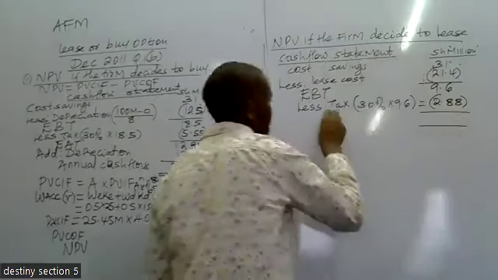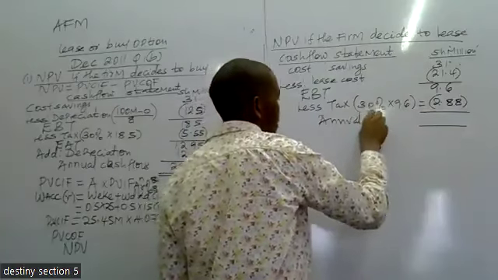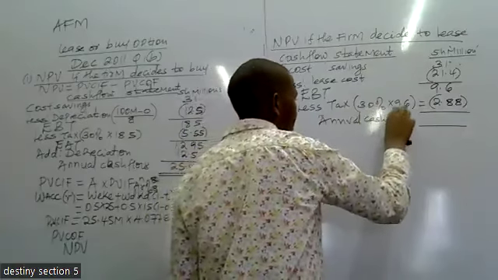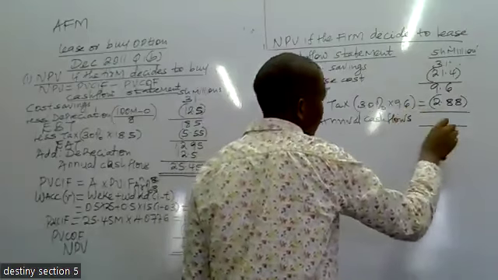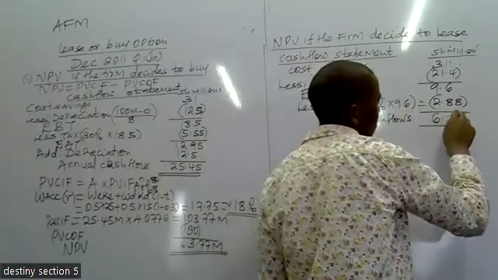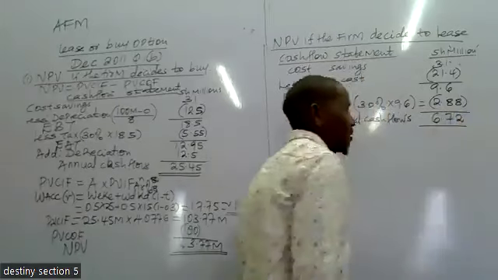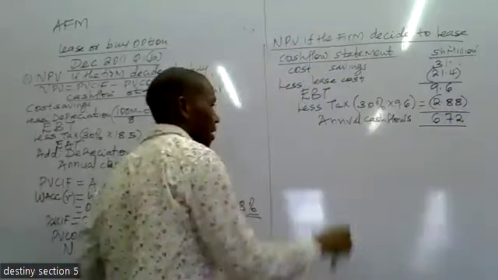So what is our annual cash, which is our earnings after tax? 6 points 72 million. That is our annual cash flow.